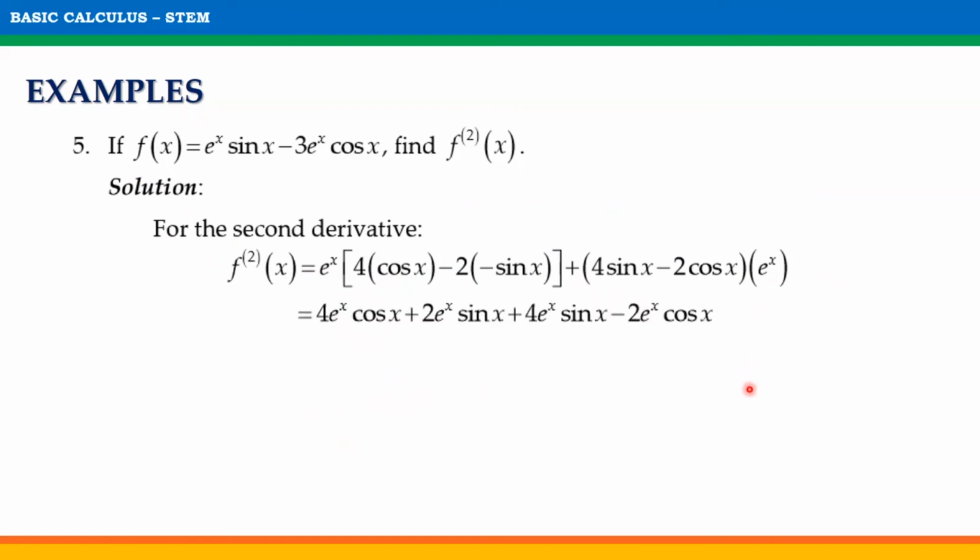Simplifying the expression, we will get 4 e raised to x cosine x plus 2 e raised to x sine x plus 4 e raised to x sine x minus 2 e raised to x cosine x. Combining like terms, we will get 2 e raised to x cosine x plus 6 e raised to x sine x. And factoring out e raised to x, we will get the final answer of the second derivative of f of x to be e raised to x quantity 2 cosine x plus 6 sine x.